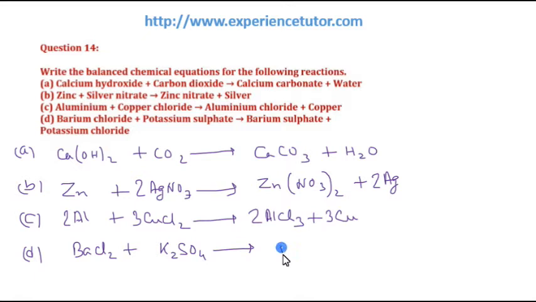Barium sulfate can be written as BaSO4 plus potassium chloride can be written as KCl. Now to balance this, we need to balance K, so put 2 here. After putting 2 here, the equation is balanced.